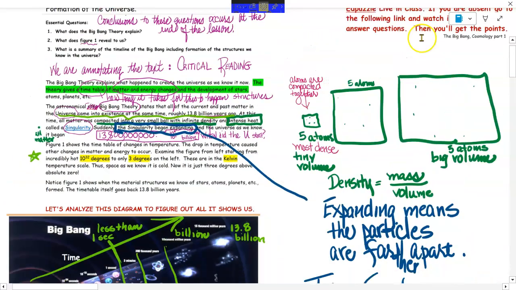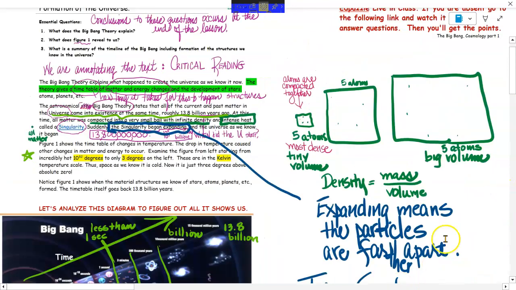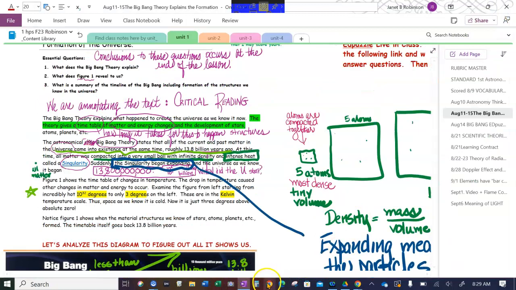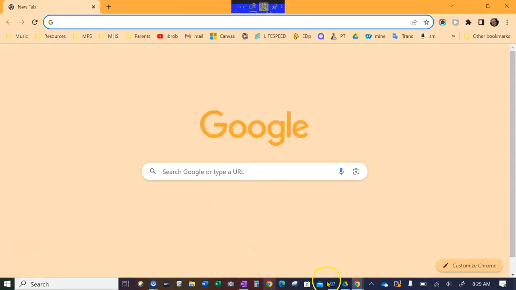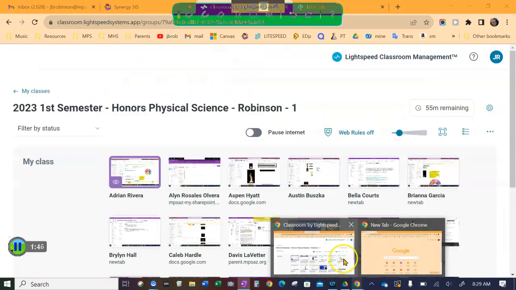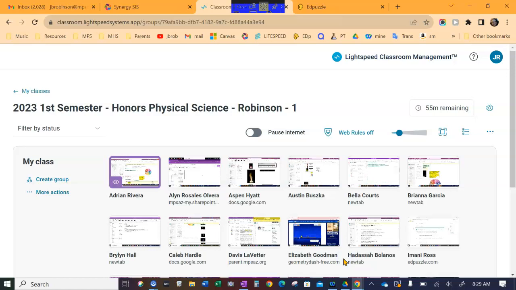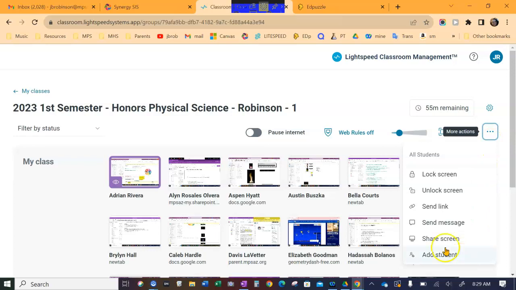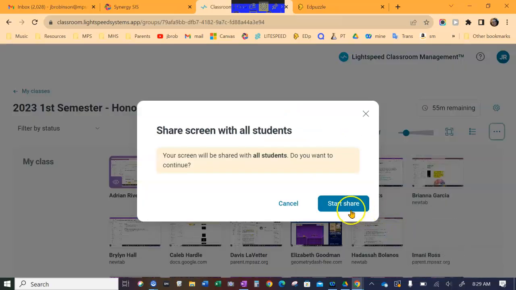All right. Now let me try once again to take over your screen. See if it was just a time thing. Oh, it keeps doing that. My computer's developed a little glitch with Google.